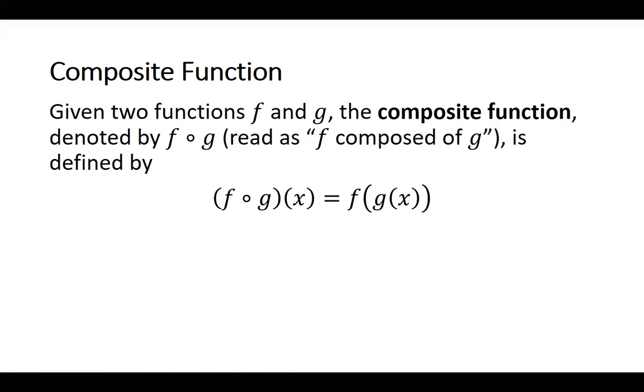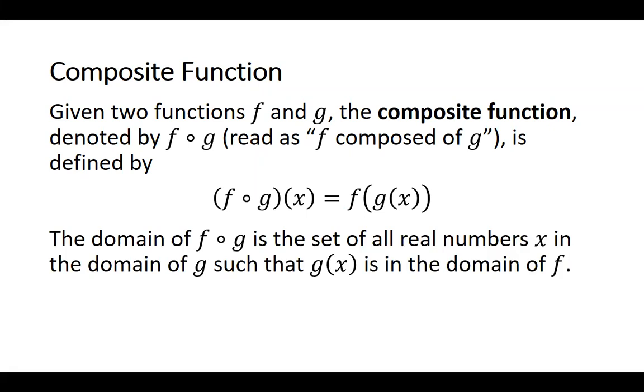I tend to read it as f of g of x always. It's just saying take the second function and substitute it in for x in the first function. So it's just a standard substitution, but it's the composite function, f of g of x.